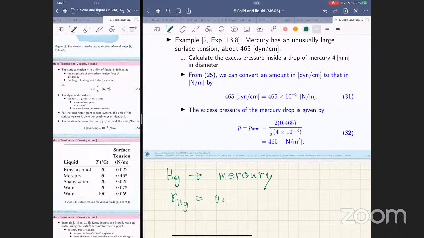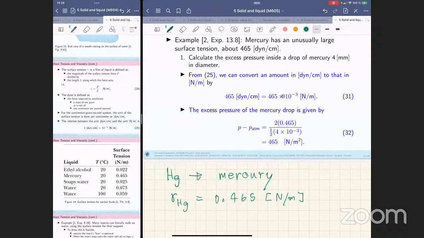0.465. The unit for surface tension is Newton per meter. The value they have provided in the table is in the SI scale, so you have to convert everything to the SI scale.